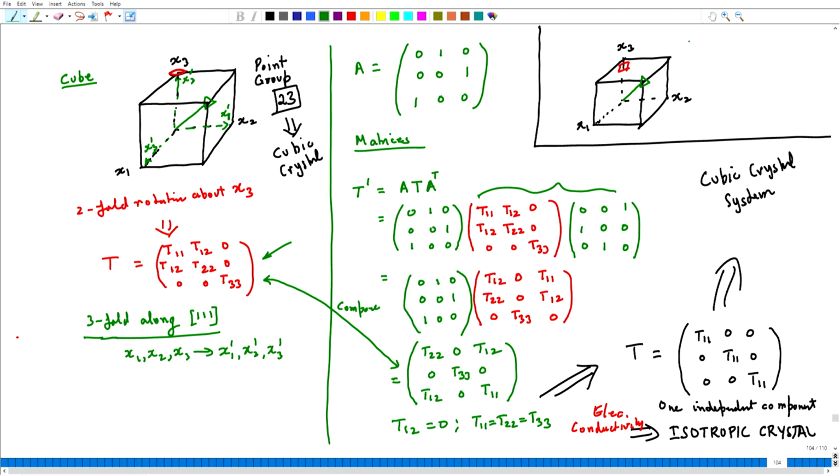Well, this forms the point group (432). Four-fold rotational symmetry has a two-fold subgroup. So, therefore, this will also result in an isotropic tensor.